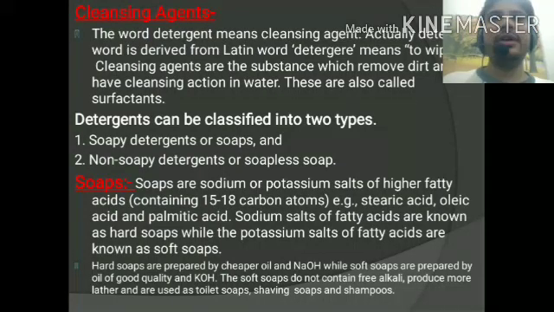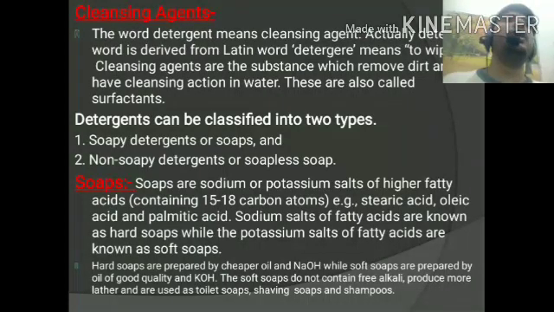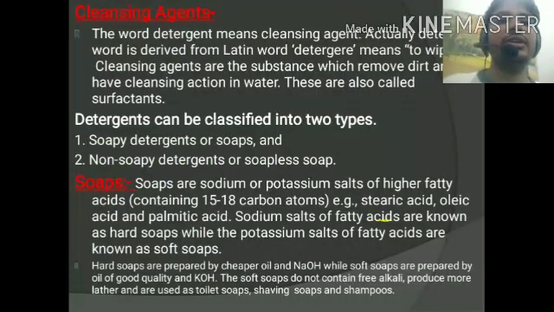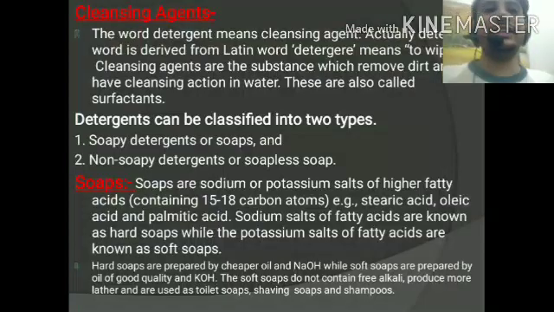What is fatty acid? Fatty acid is a long carbon chain molecule that contains at least 15 to 80 carbons. Examples of fatty acids are stearic acid, palmitic acid, and oleic acid.